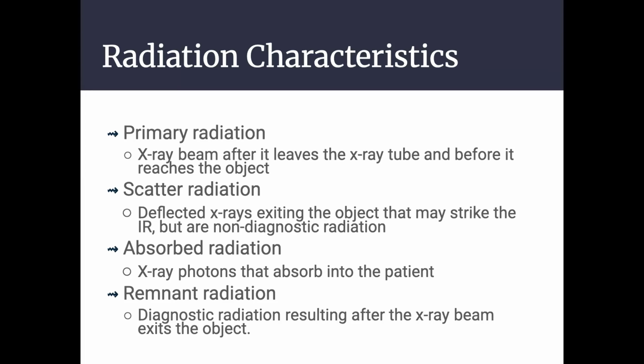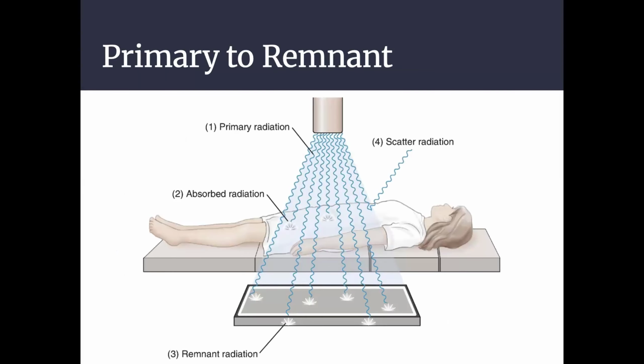If that radiation gets through and hits the image receptor, it's going to make a black area and therefore give you the contrast necessary to create an image made of black and white. And yes, the images also look gray. We'll look at that a little bit and you'll get an idea, okay? So here we've got the remnant radiation. The remnant radiation goes all the way through and doesn't hit anything that is going to absorb it, and it's going to hit the image receptor, okay?